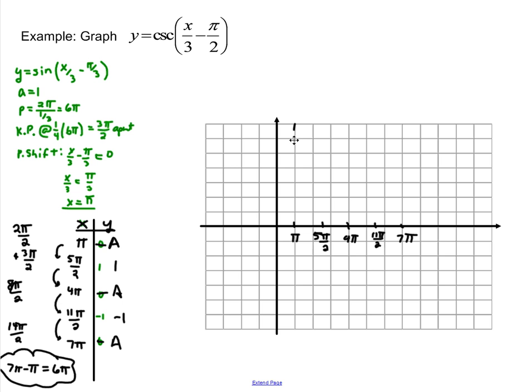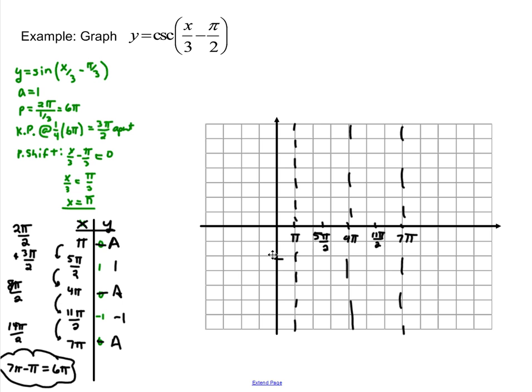Our vertical asymptotes occur at pi, 4 pi, and 7 pi within one cycle of this cosecant function.